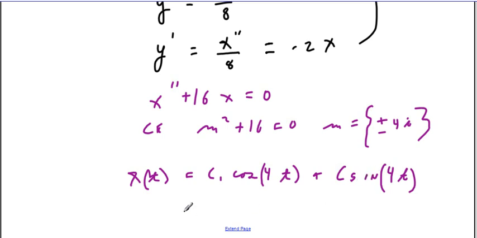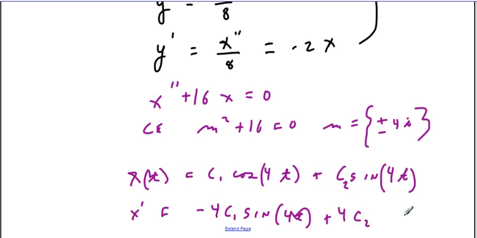And I look for x prime. X prime is equal to minus 4 c1 sine 4t plus 4 c2 cosine 4t.